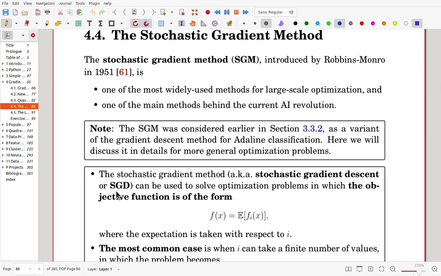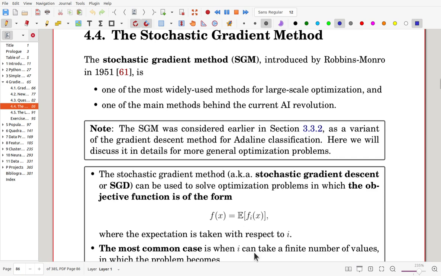Now, it can be used to solve optimization problems in which the objective function is in this form, the expectation of f_i.